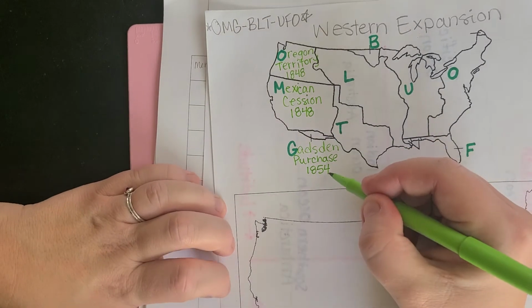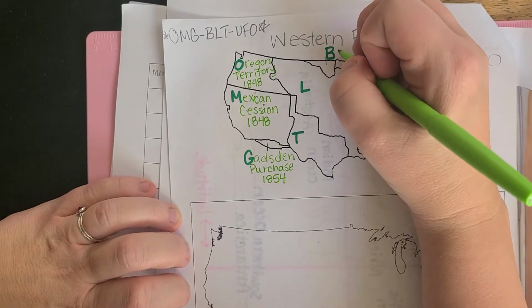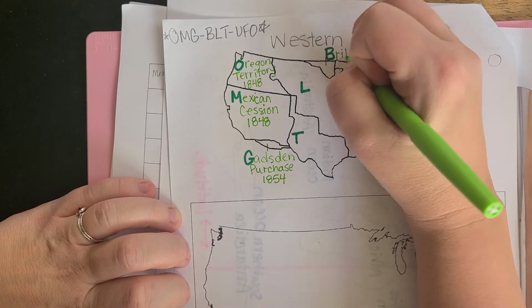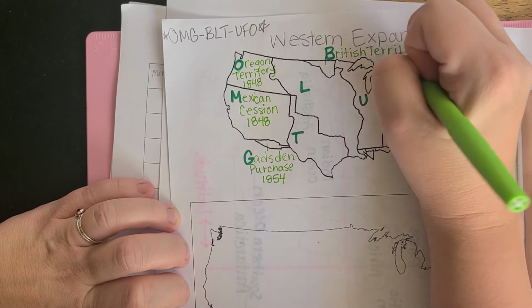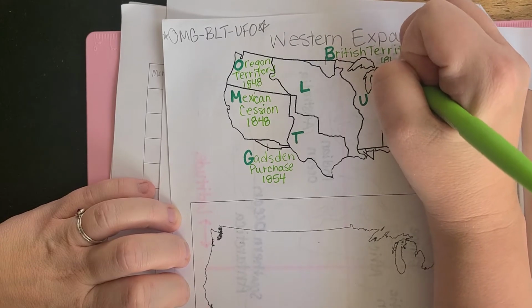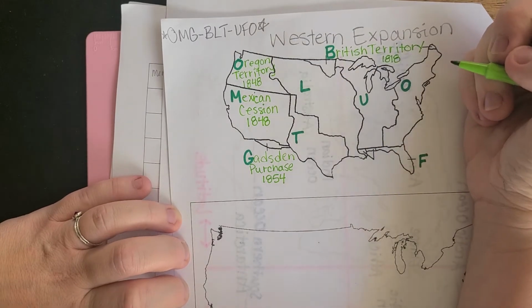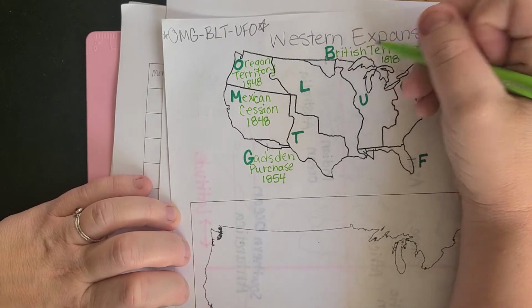The G is Gadsden. All right, up here we're going to go to B, and that is the British Territory. And that was acquired in 1818 as part of a land deal with, oh, you guessed it, Great Britain.